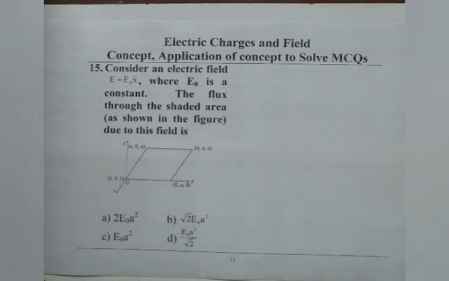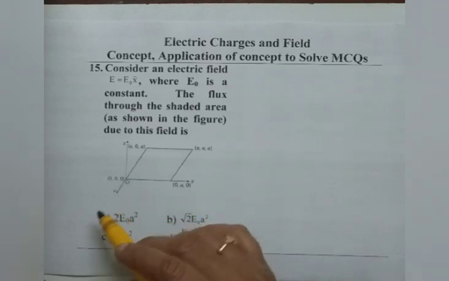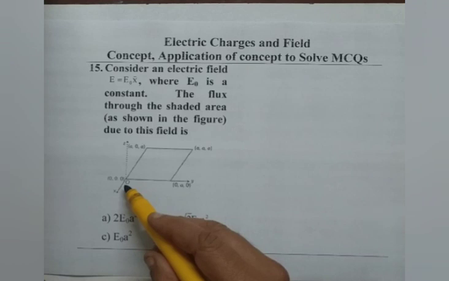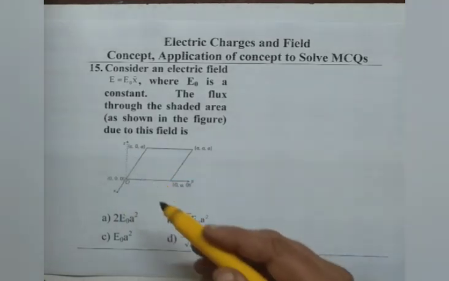Say, consider an electric field E equals E naught x cap, that means along the x-axis, where E naught is a constant, the flux through shaded area as shown in the figure. Observe, here it is a three-dimensional figure. X is this way, out of the paper, and this Y is like this, Z is like this.